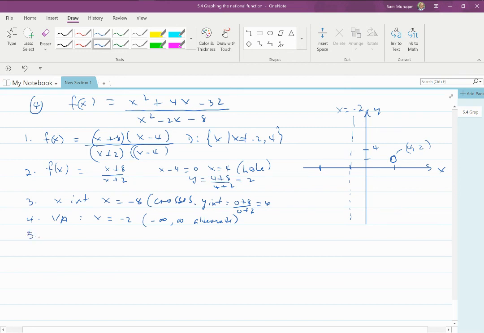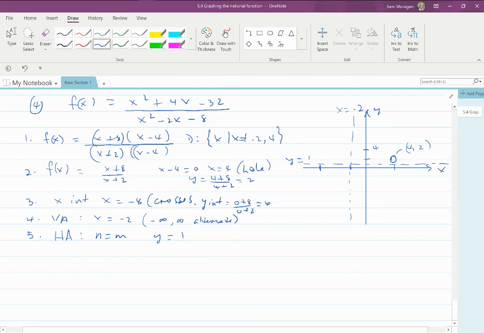The horizontal asymptote. The power on the numerator is the same as the power on the denominator, so y is equal to 1 over 1. So we have a horizontal asymptote at y is equal to 1 right here.